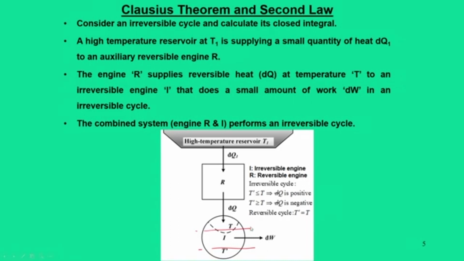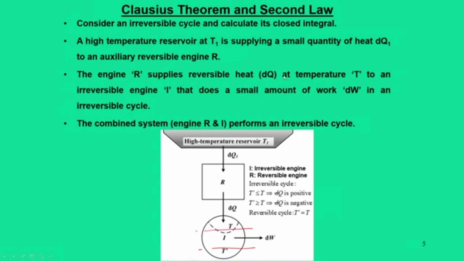Now simplifying these equations, the fact is that for the irreversible engine, dq equals T1 times dq by T for R. So finally, the particular expression is that the cyclic integral for an irreversible engine is T1 times the integral of the reversible engine.